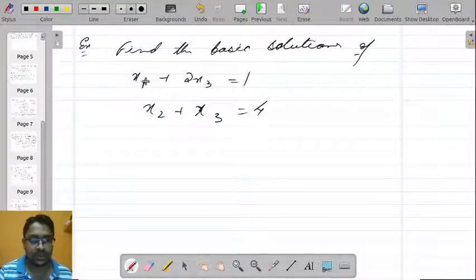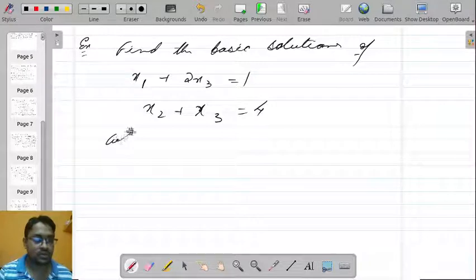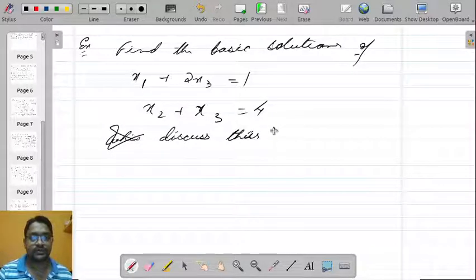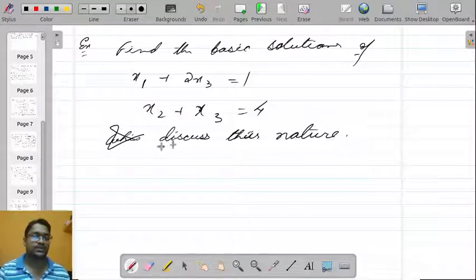The first equation is x1 plus 0x2 plus 2x3, the second is 0x1 plus 1x2 plus x3. Find the basic solutions of this, and discuss their nature. Nature means whether they are non-degenerate or whether they are feasible or not.